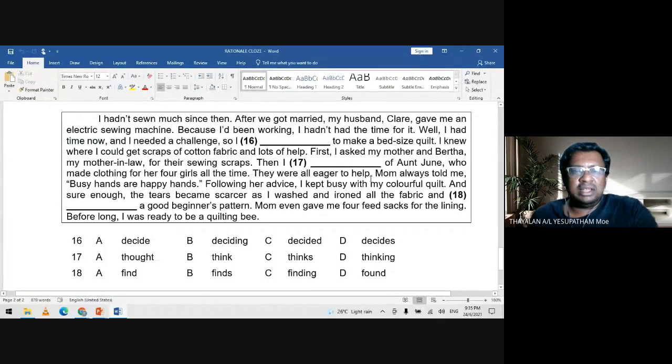They were all eager to help. Mom always told me, busy hands are happy hands. Following her advice, I kept busy with my colorful quilt, and sure enough, the tears became scarcer as I washed and ironed all the fabric and found a good beginner's pattern. Mom even gave me 4 feet sacks for the lining. Before long, I was ready to be a quilting bee."